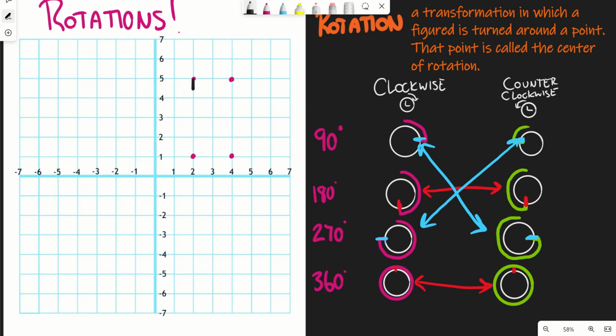And in my point, I have this N shape, and we will call this shape W, X, Y, Z. Now, what's cool about doing this on my computer is I can literally just click on this button and rotate my shape around and around. But what I'm doing is I'm going to rotate 90 degrees clockwise.